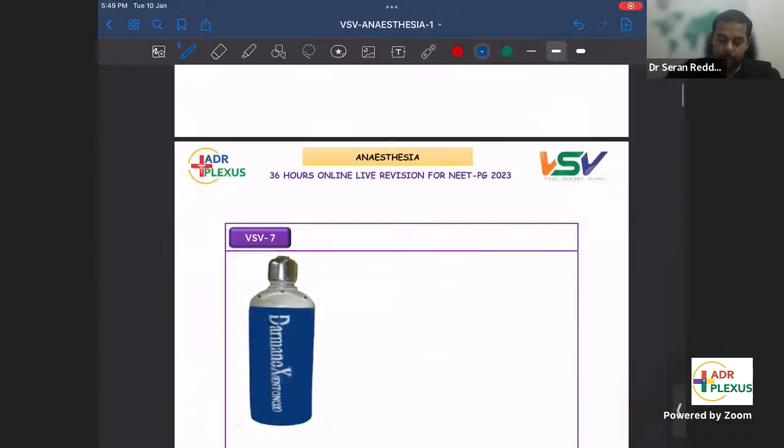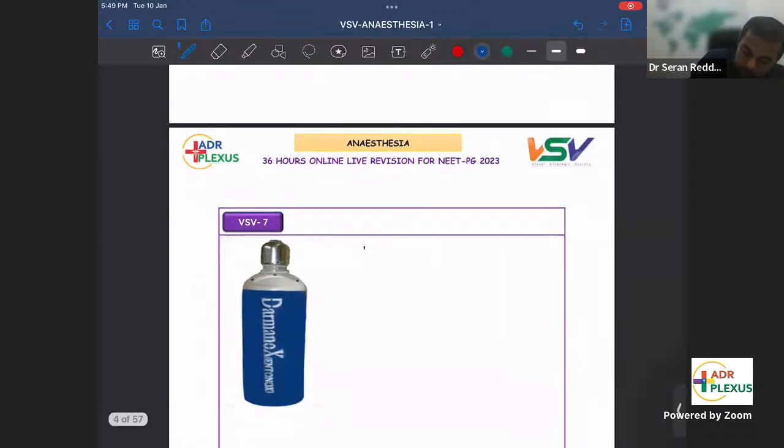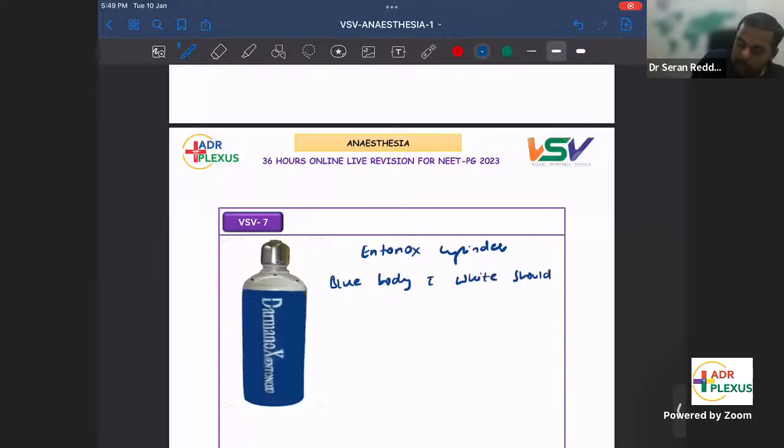Then this is Entonox, where you see a blue body with a white shoulder. This has a unique pin index of 7, stored in gaseous form.